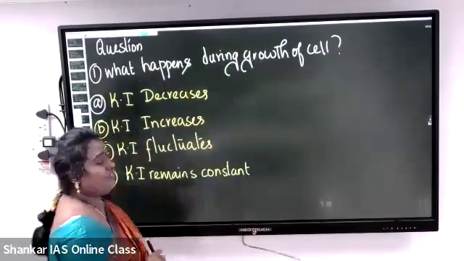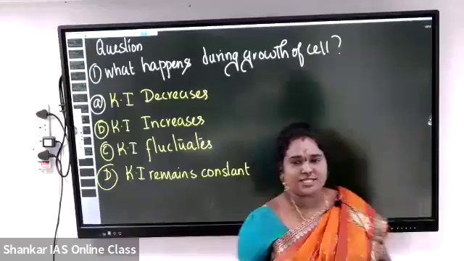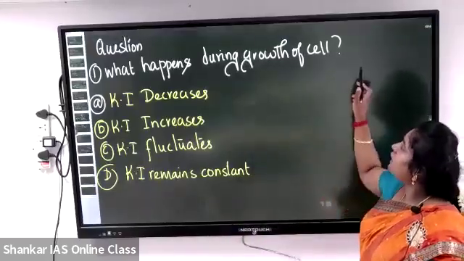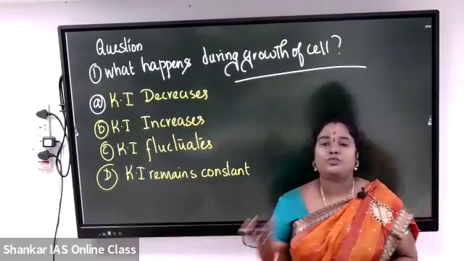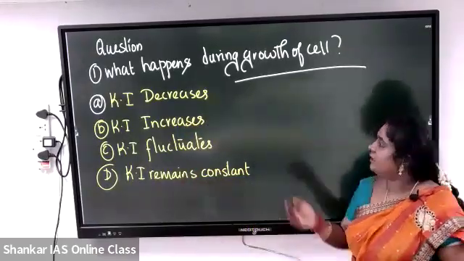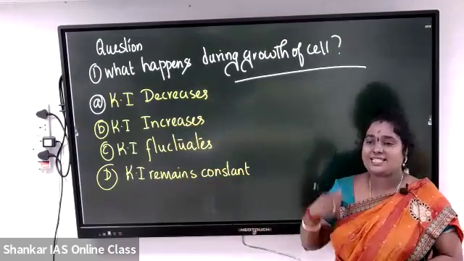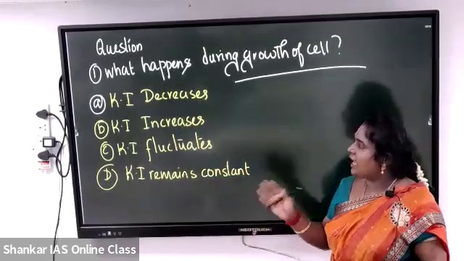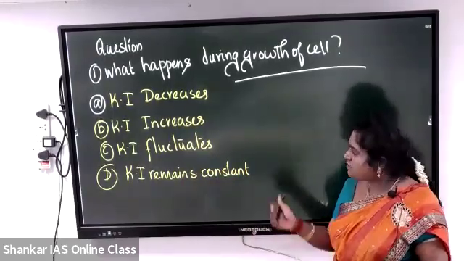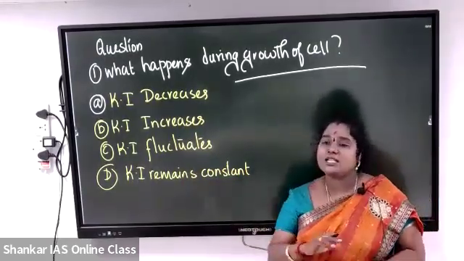So now we'll finish the entire concept with a question. What happens during the growth of the cell? What were the options given here? The karyoplasmic index ratio decreases, or the karyoplasmic index ratio increases, or the karyoplasmic index ratio fluctuates, or the karyoplasmic index remains constant.